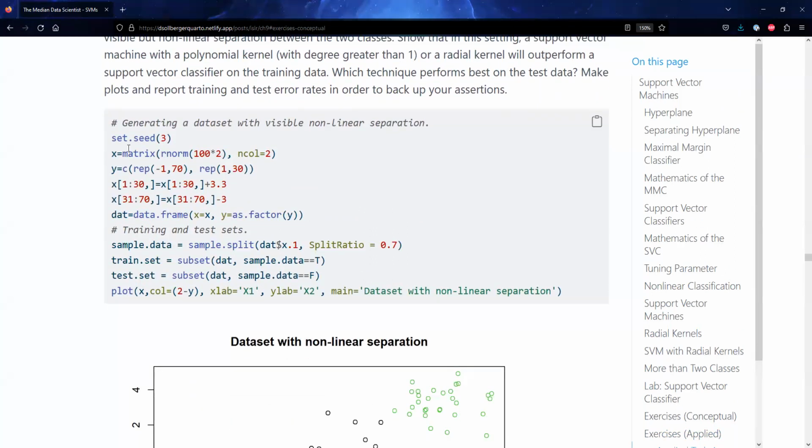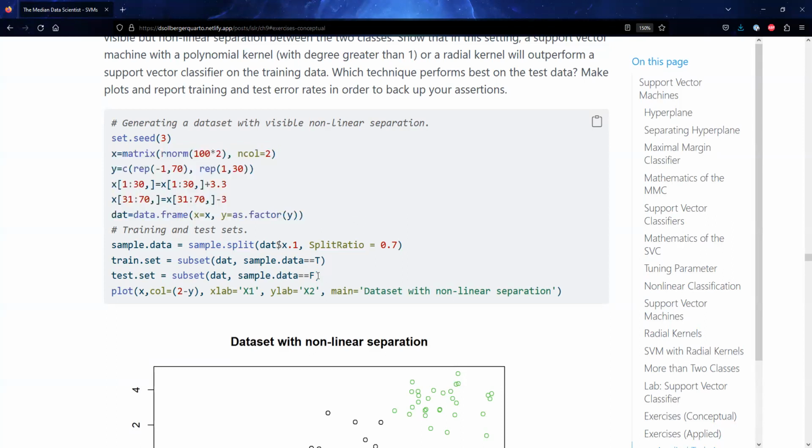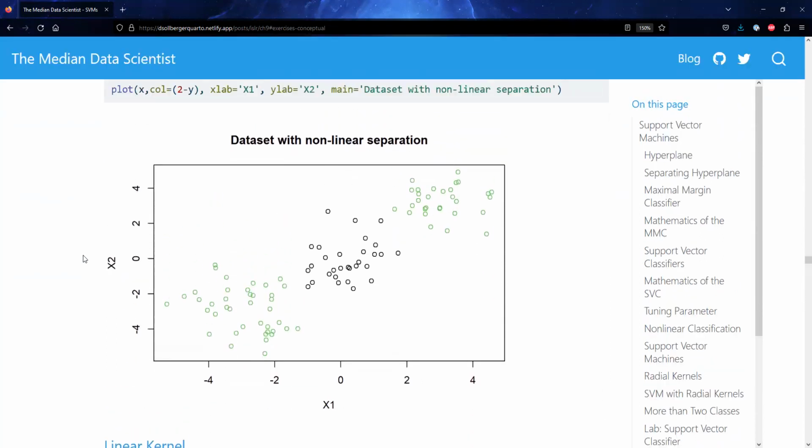So they had this simulation for creating a data frame. Put about 70% of the data in a training set, the remaining 30% in a test set. And that's what we're working with here.